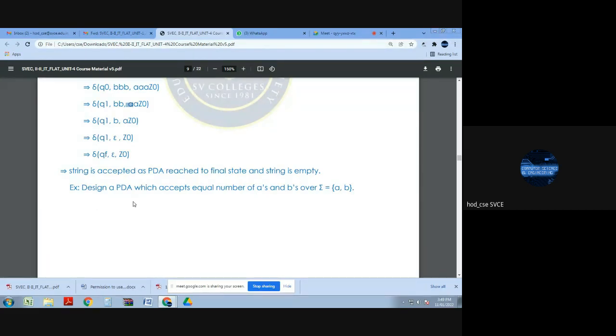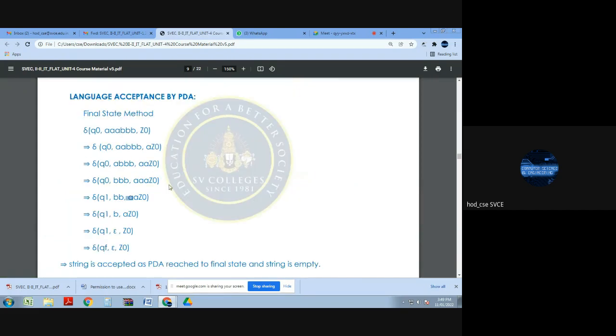Now the design of a PDA which accepts an equal number of A's and B's over sigma equal to {A, B}. Likewise you have to construct. Is it clear?